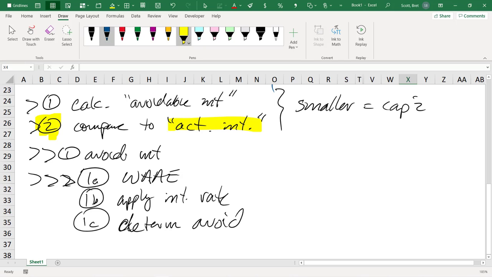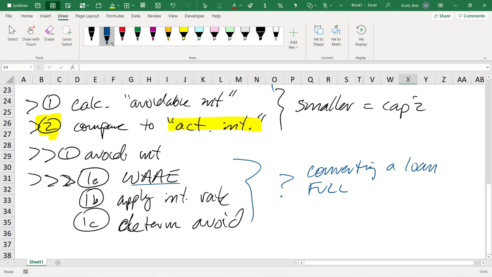Why do we do this, though? What is the whole point? Well, when you look at the weighted average accumulated expenditures, the idea is we are converting a bulk loan, a full amount borrowed, into a line of credit, which is similar to a credit card.